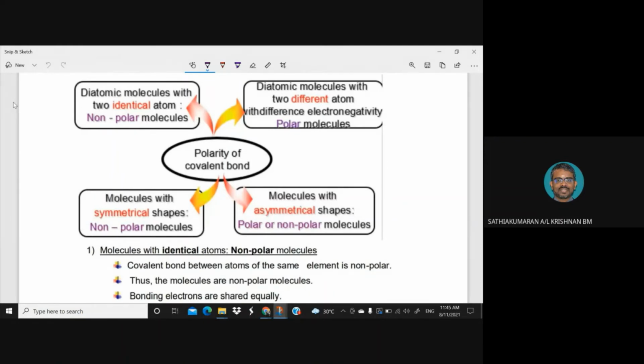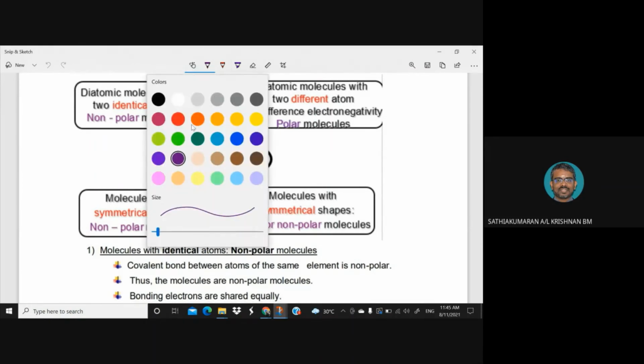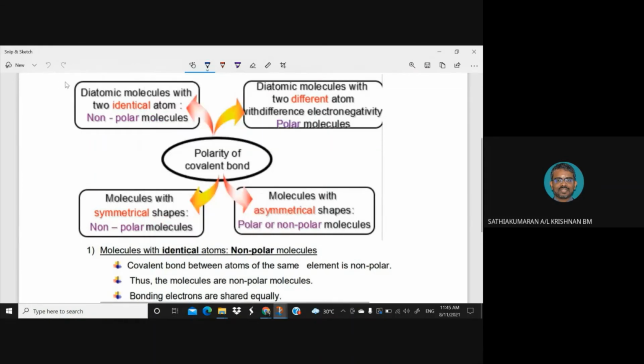Here they already give you a summary, for you to identify the answer. Let us see the first conclusion. Diatomic molecules, di means two atoms in that molecule, with two identical atoms.